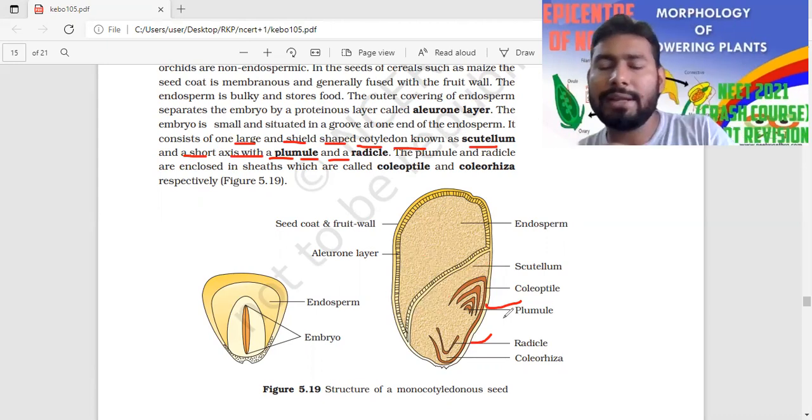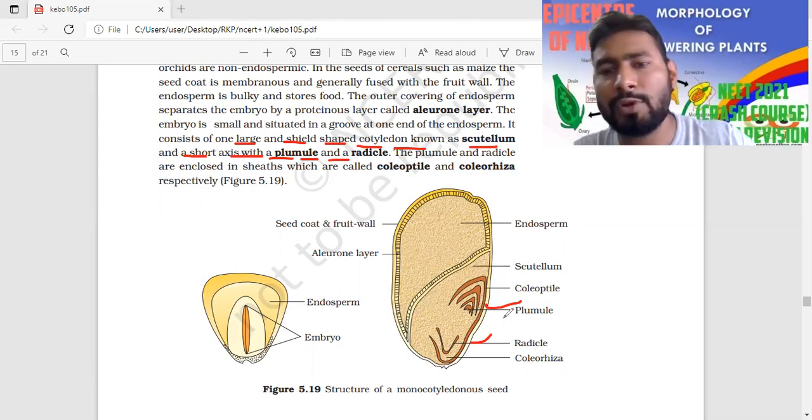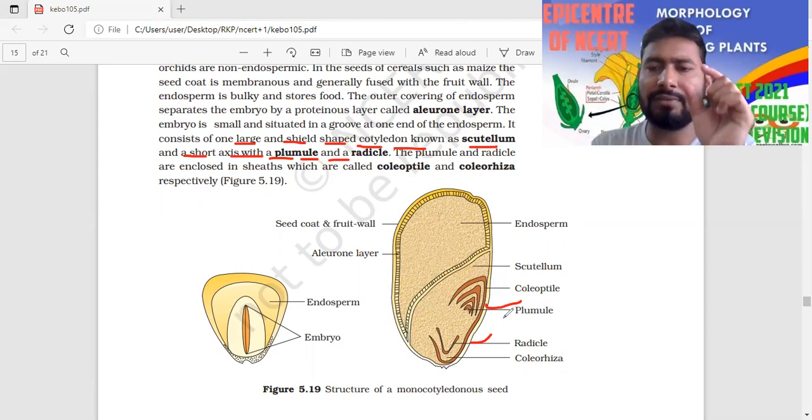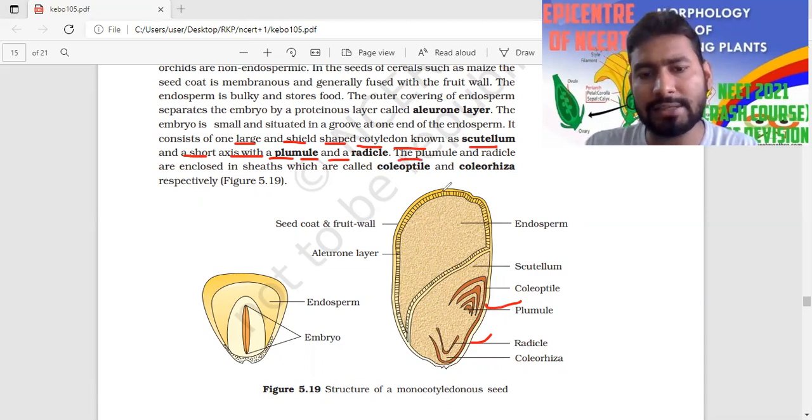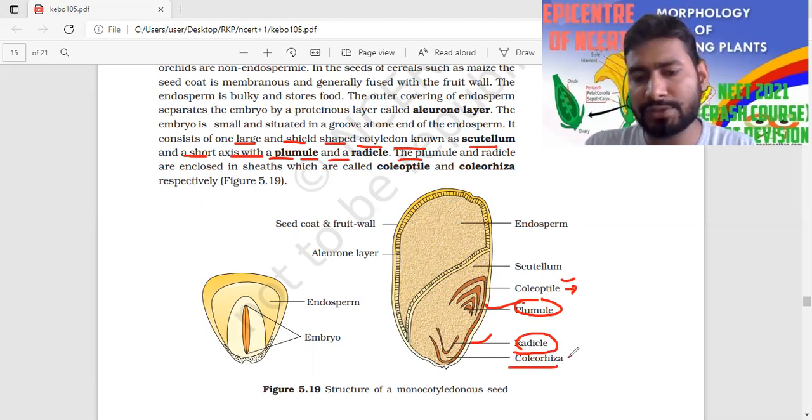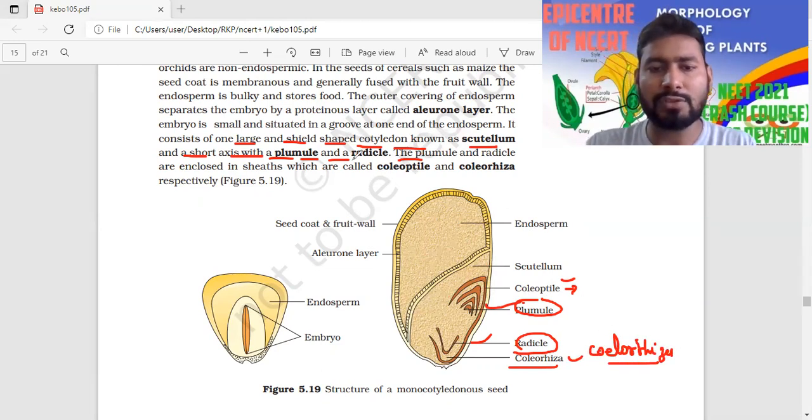The radicle is the basal part and the plumule is the upper part. The plumule is covered by a protective sheath known as the coleoptile. The radicle is also covered by a protective sheath, known as the coleorhiza.